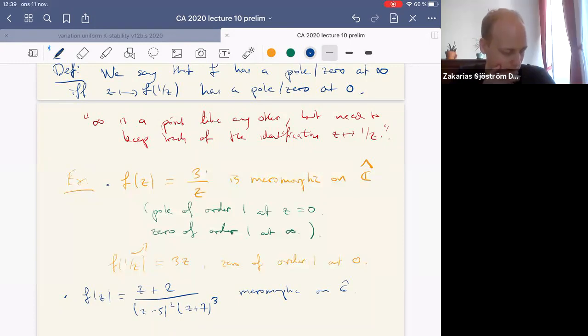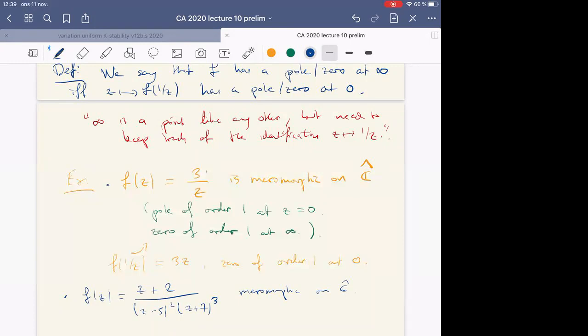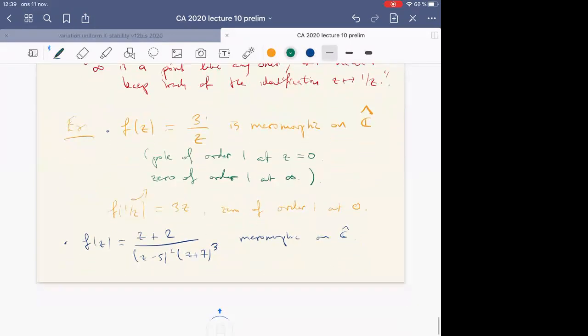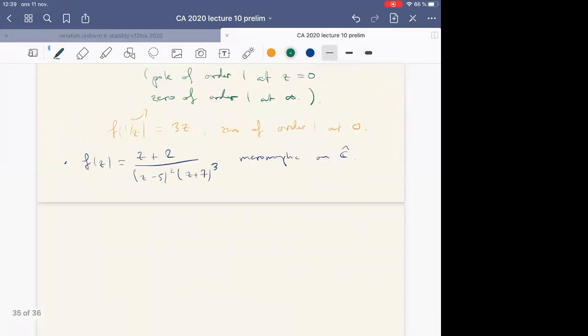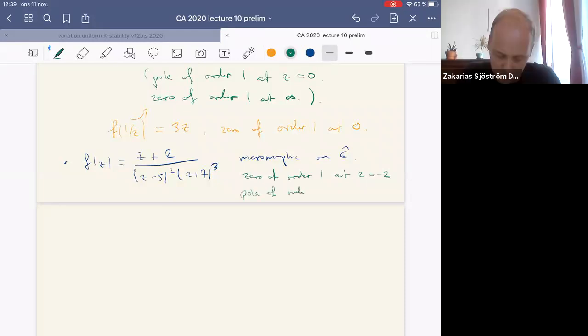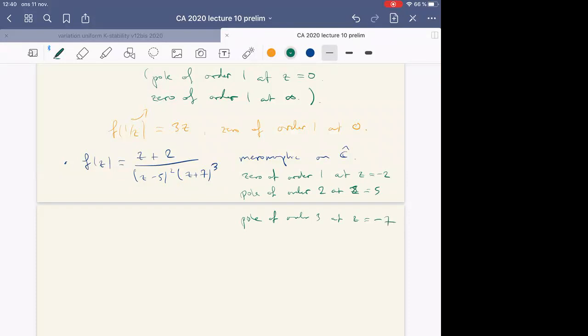And it has poles at 5, a pole of order 2 at 5, and a pole of order 3 at -7. And is that it?